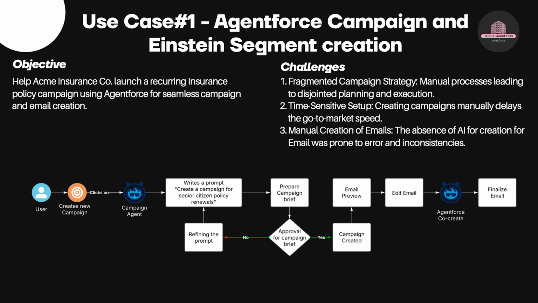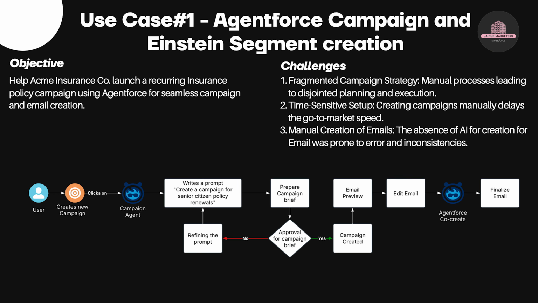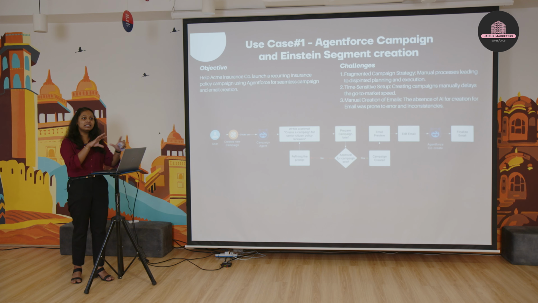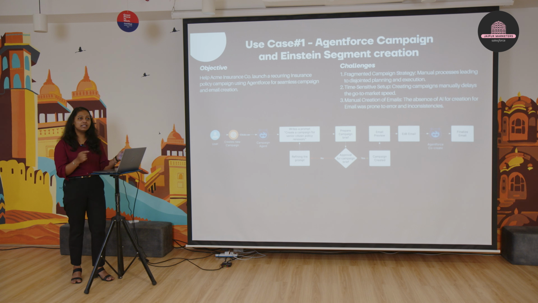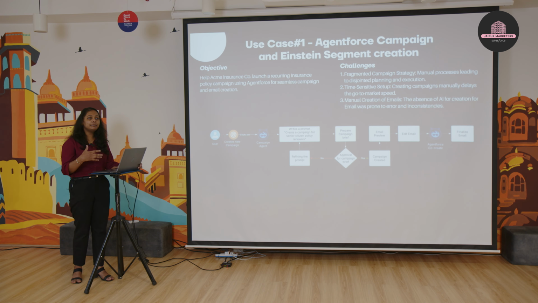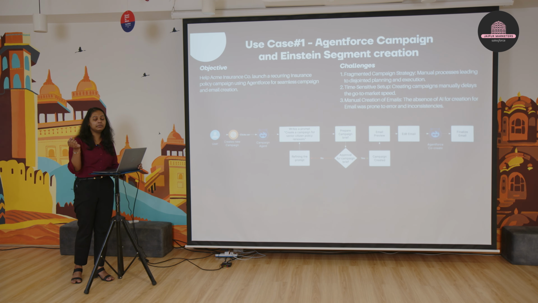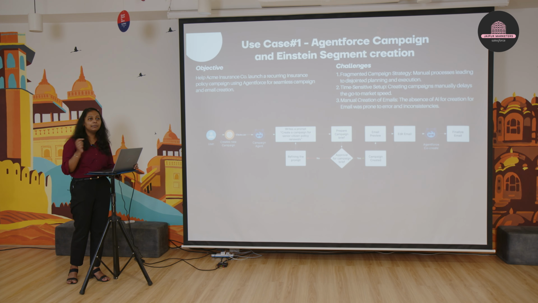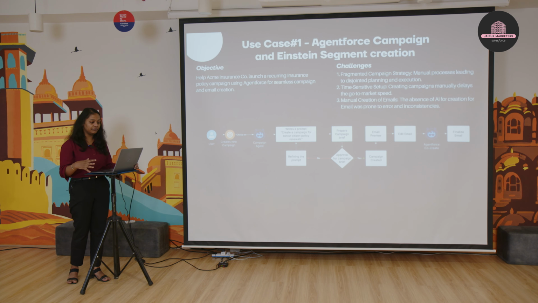Acme Insurance is facing some challenges. The first challenge is a fragmented campaign strategy. Right now they don't have a specific campaign strategy and it's in bits and pieces, a manual process. Second is time-sensitive setups. For example, there could be exclusive discounts or different campaigns they want to run, but due to time sensitivity and manual effort, they are lacking somewhere.